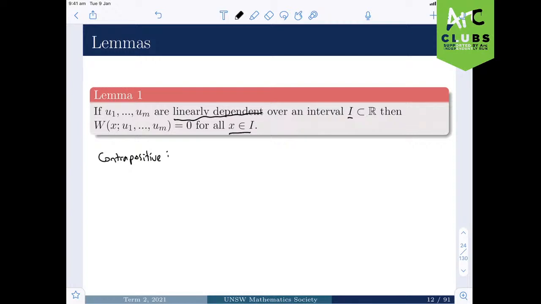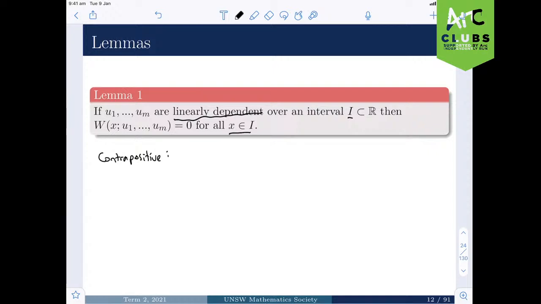Would anyone like to say what the contrapositive of the statement is? No?